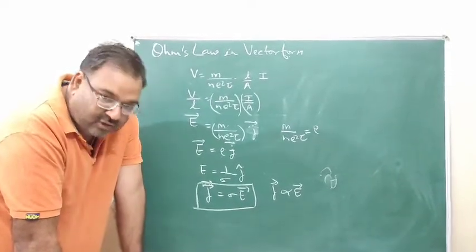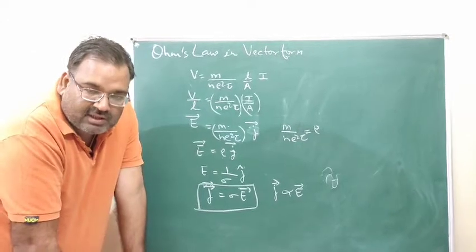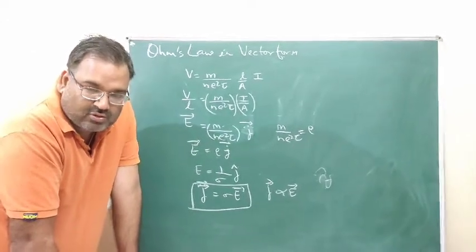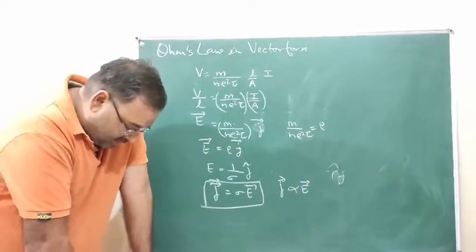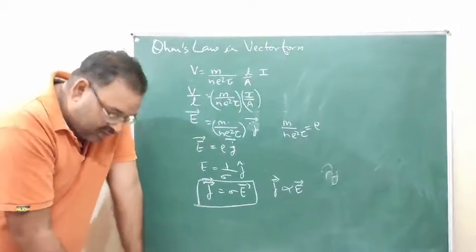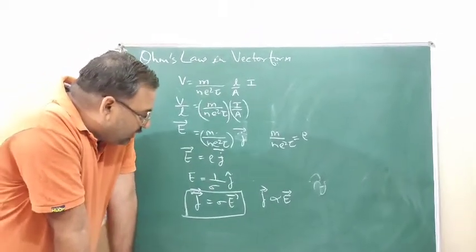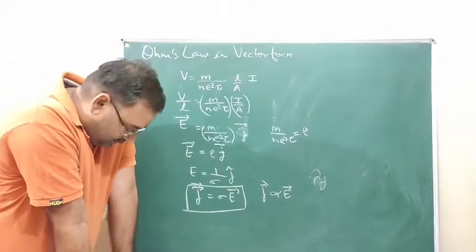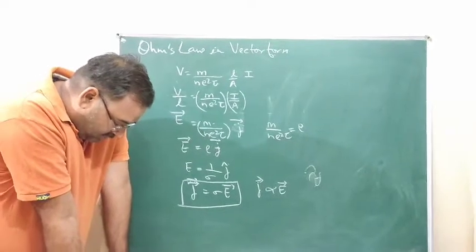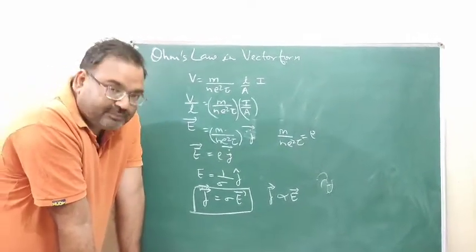Since both J and E are vector quantities, the direction of J coincides with E. More specifically, the law states that the ratio of the current density to the electric field is constant, which is independent of the electric field producing the current.